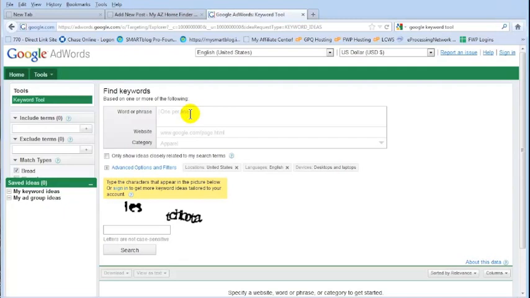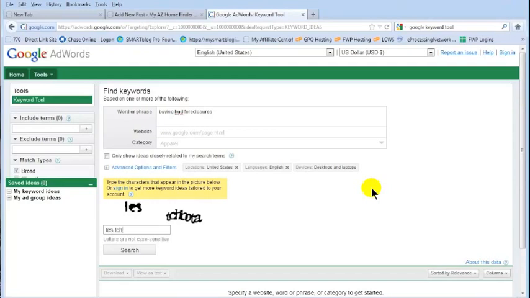So I want to look at buying foreclosure, or I'm going to say buying HUD foreclosures. And they have a little captcha here. If you're not signed in, if you don't have a WordPress or a Google Analytics account, then they're going to give you this thing to fill out. I have several Google Analytics accounts, but I'm not logged in yet.